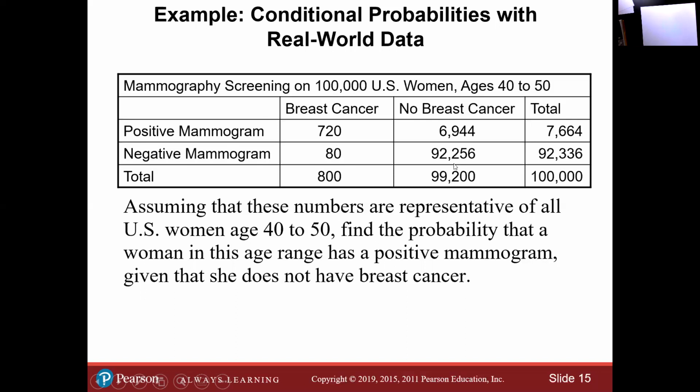This 92,256, this is the majority. The majority of people who took the test had a negative mammogram. There was no breast cancer. So in this problem, find the probability that a woman aged 40 to 50 has a positive mammogram given she does not have breast cancer.